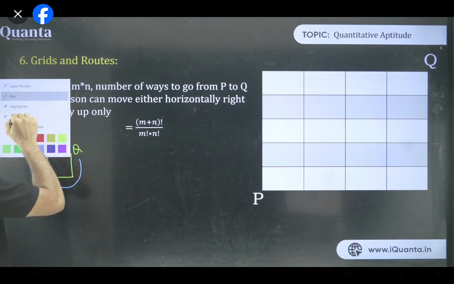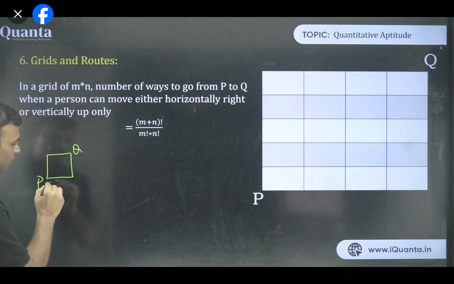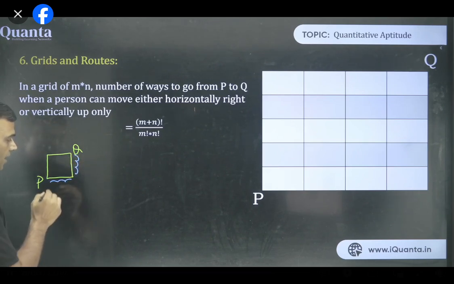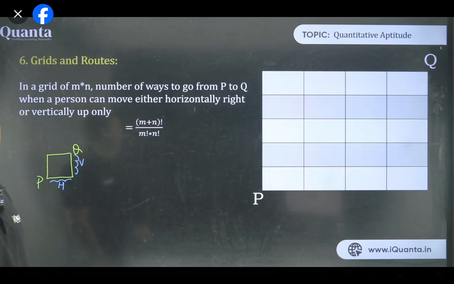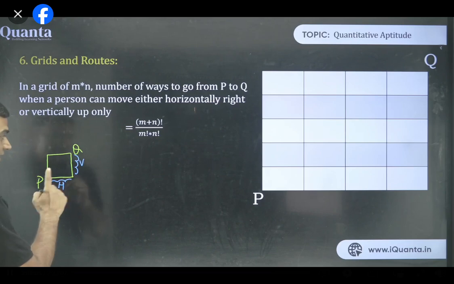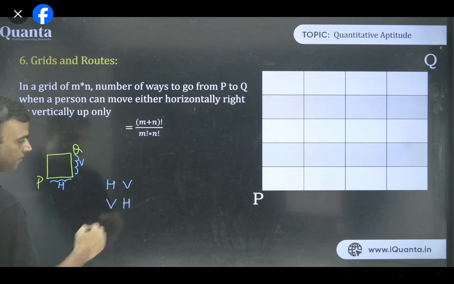How do I define these 2 ways? That is important to understand. To define these 2 ways, I'll say this is one step, and this is another step. Let's call it a horizontal step, and a vertical step. Fine? So the definition of those ways will be HV or VH.